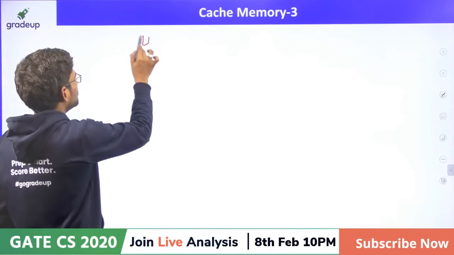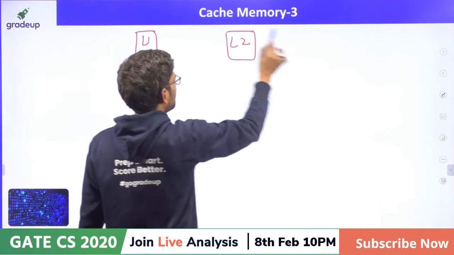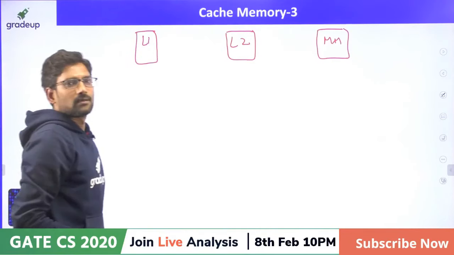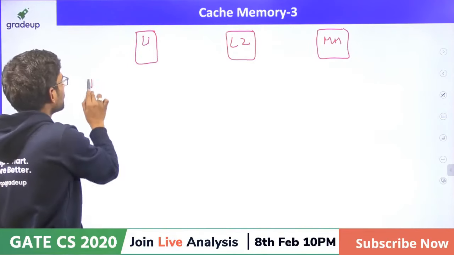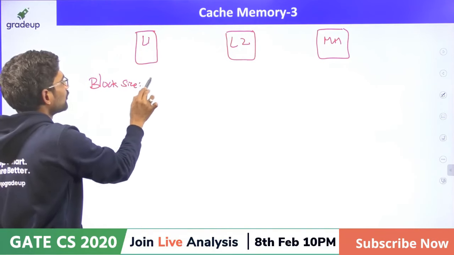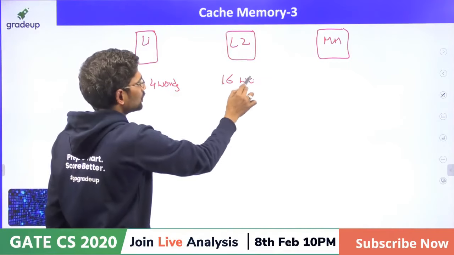So we are given L1 cache, L2 cache and main memory. Now block size is given: 4 words for L1 cache, 16 words for L2 cache.